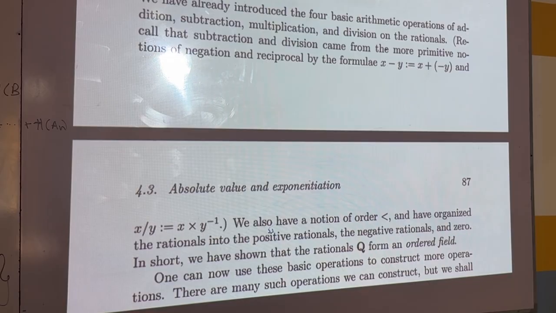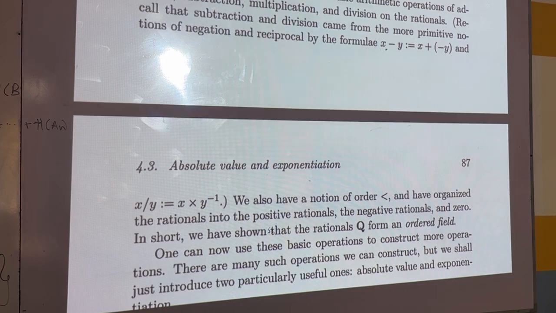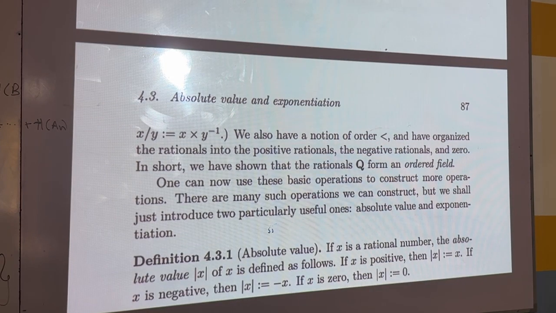We also have a notion of order and have organized the rationals into positive rationals, negative rationals and zero. In short, we have shown that the rationals form an ordered field. Actually, the real numbers are also an ordered field.